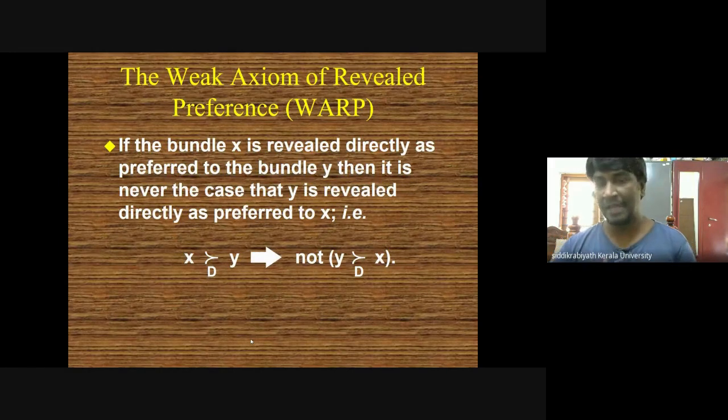So what is the weak axiom of revealed preference? If the bundle X is revealed directly as preferred to Y, then it is never the case that Y is revealed directly as preferred to X. That is, when I am saying that X is directly revealed preferred to Y, I am categorically saying that there should not be a case that Y is going to be preferred over X. Okay?